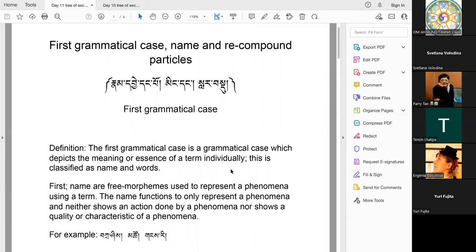Because when we talk about name, we don't talk just about the name as a representation only. We talk about name as a representation of the existence of an object in a way that it exists dependent on its name, without mixing it with any other phenomena.